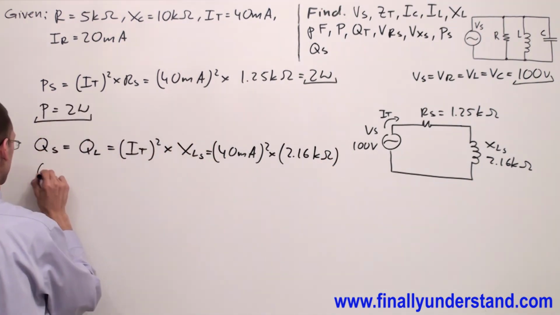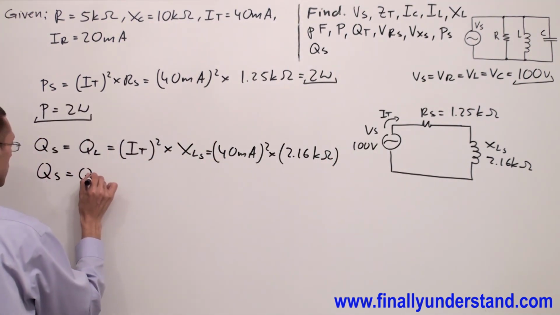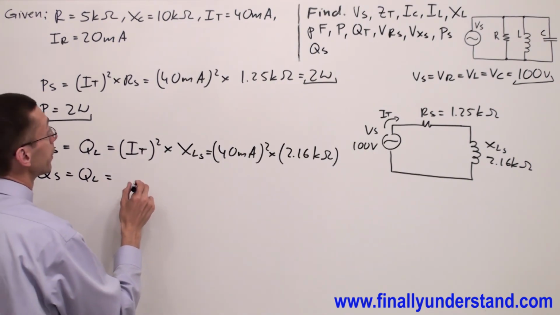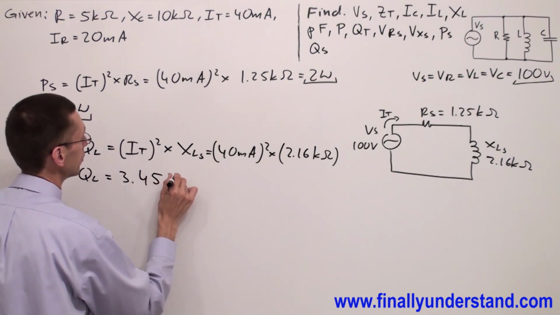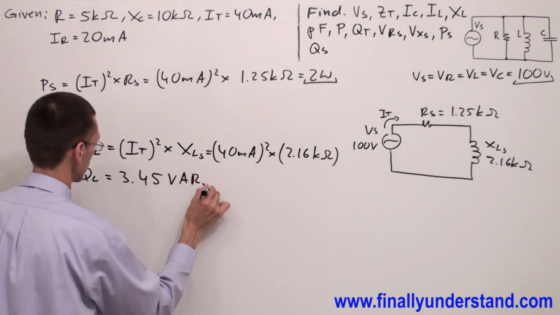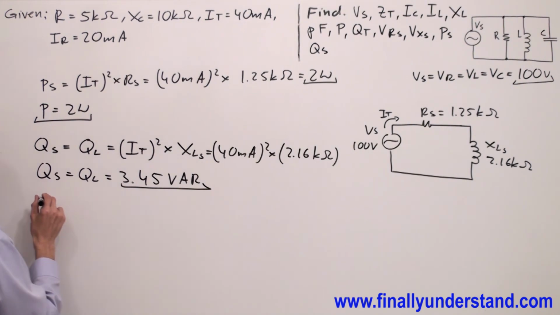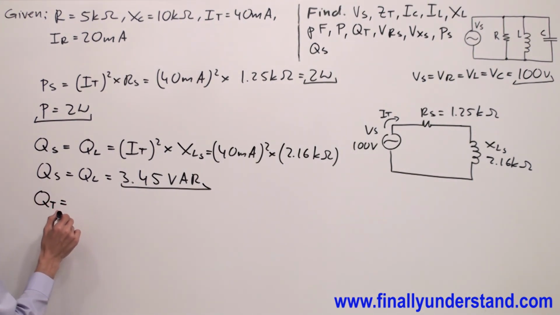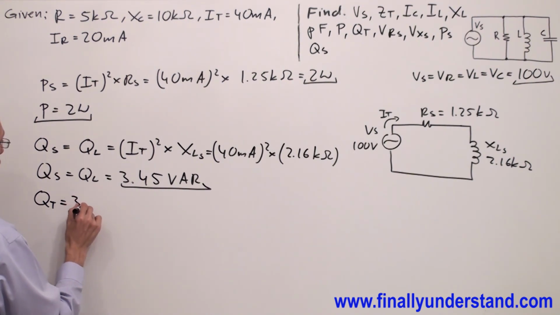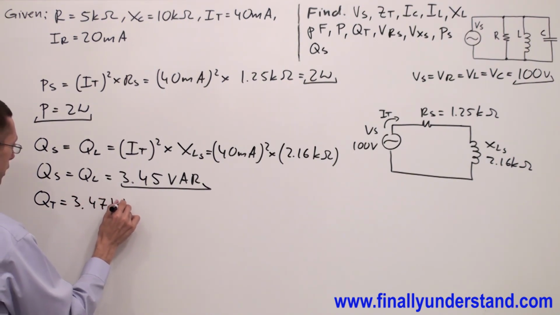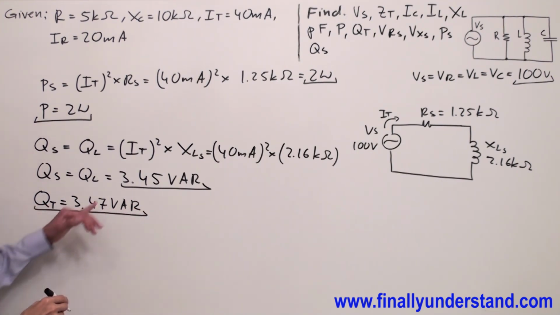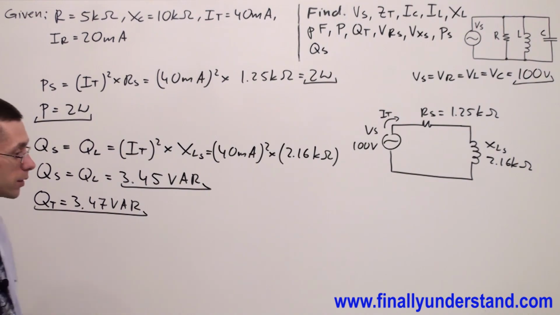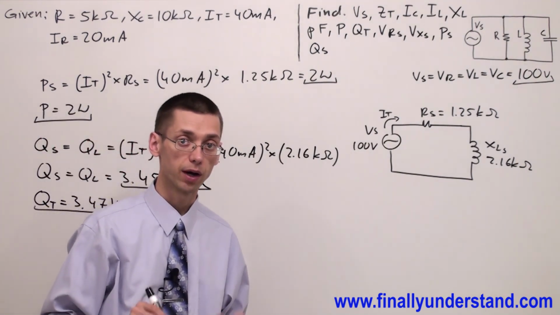So QS, or we can say QL, is equal to 3.45 volt ampere reactive. Let me remind you that in the parallel circuit, Q total was equal to 3.47 VAR. So as you can see, these two values are very close to each other. So it means that we solved the problem correctly.